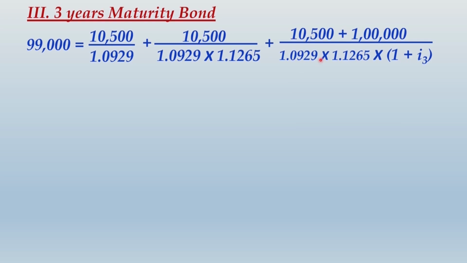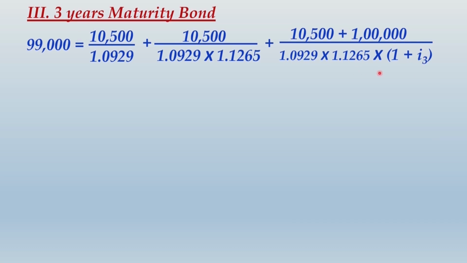So because year 1 and year 2 rates are known, what you would simply do is, you will take 1.0929 into 1.1265 and that will be multiplied to 1 plus I3. So I3 is the only unknown factor in this whole equation.